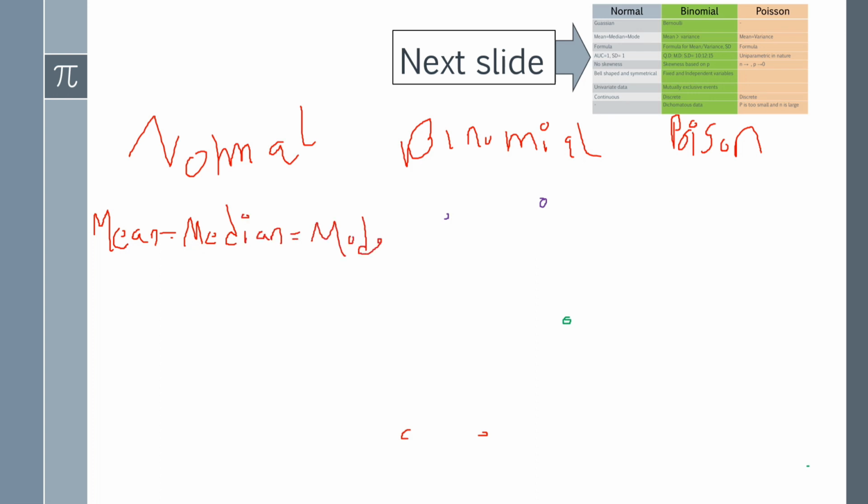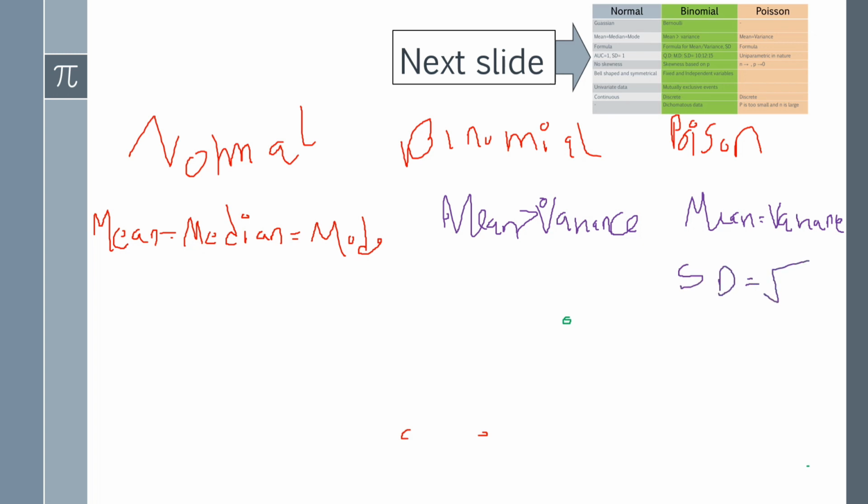In binomial, mean is slightly greater than the variance. And in Poisson, mean is equal to variance. This is a very important point that you need to know. So here the standard deviation would be the square root of variance or the square root of mean.